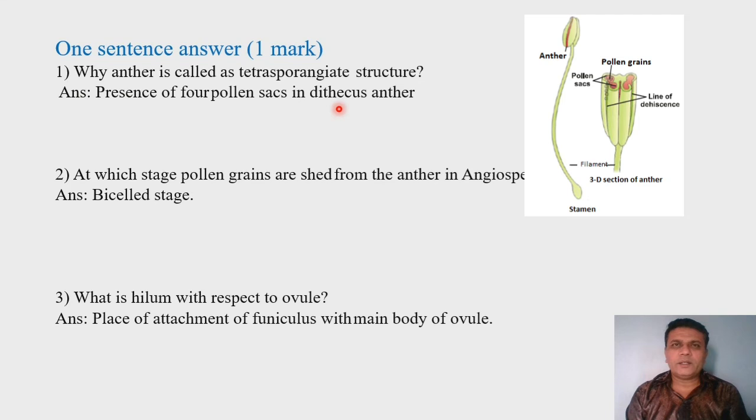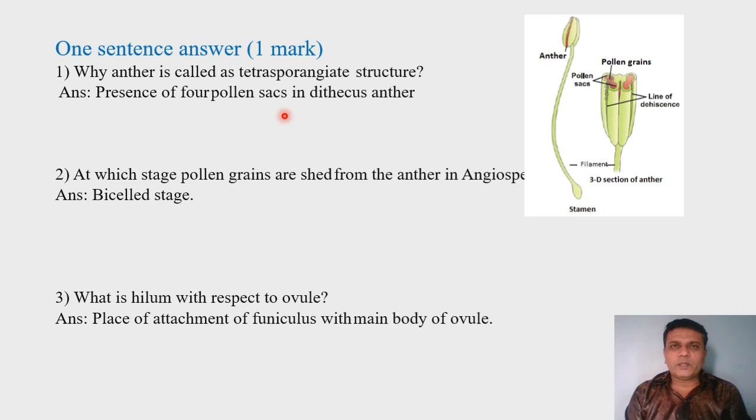And when a transverse section is taken, internally it shows presence of four pollen sacs. So we can see in this diagram the four pollen sacs which contain pollen grains.